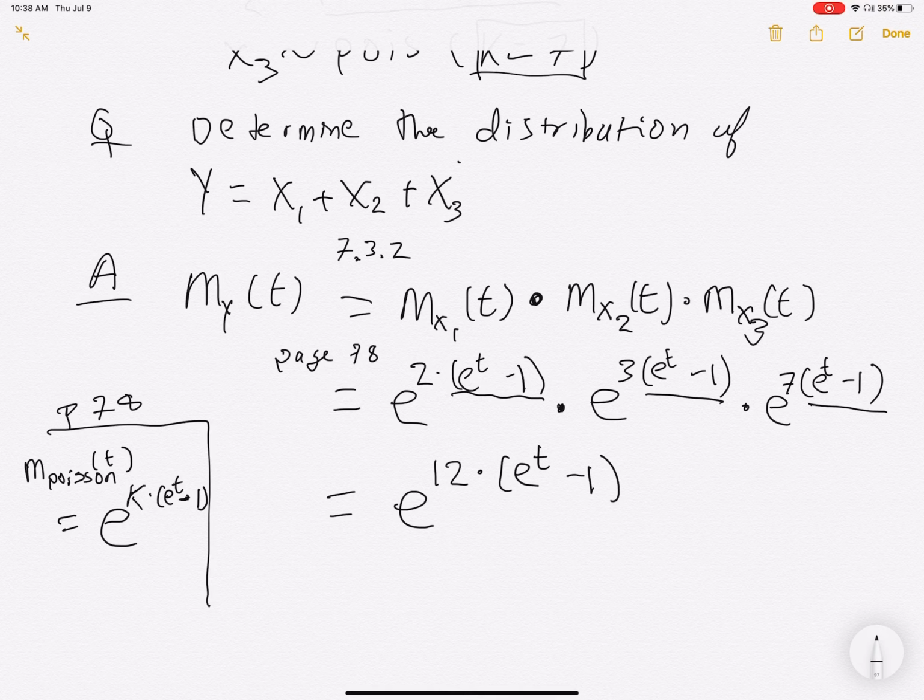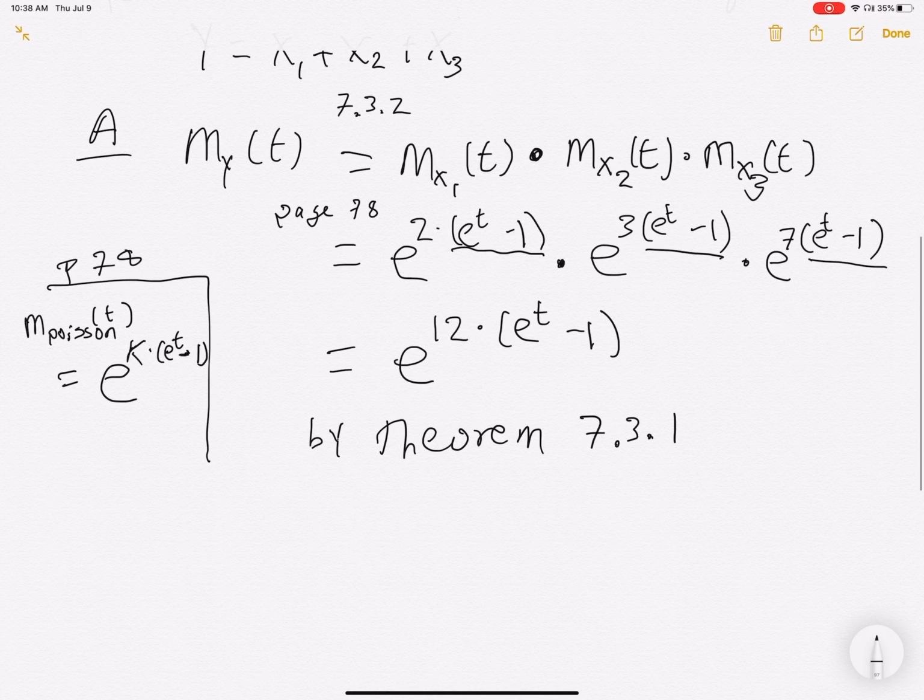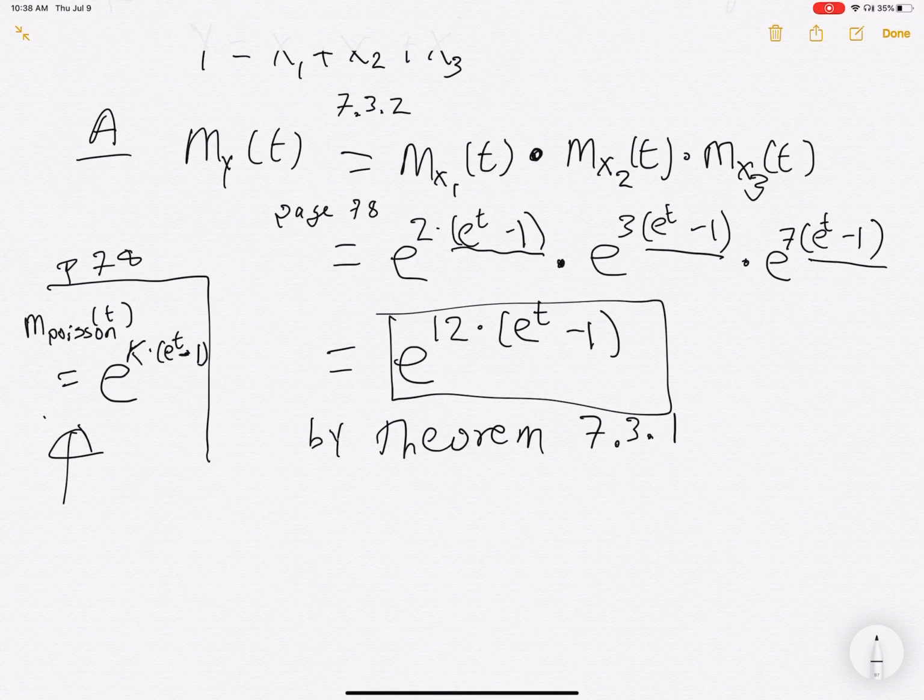Okay. And this, so by theorem 7.3.1, this is the moment generating function right here. It has this same form of this box right here.